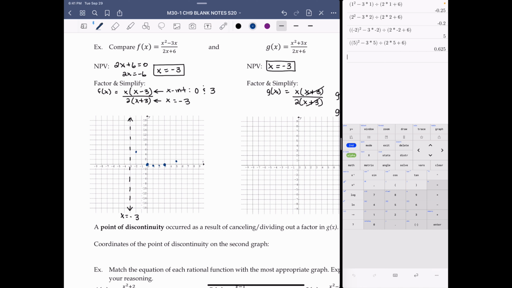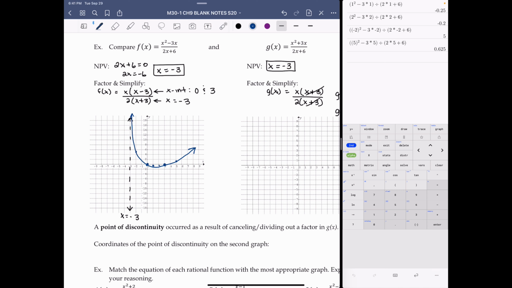Okay, so this is definitely going to make this shape here. Something like that. And then there's going to be another part on the left side of this vertical asymptote.